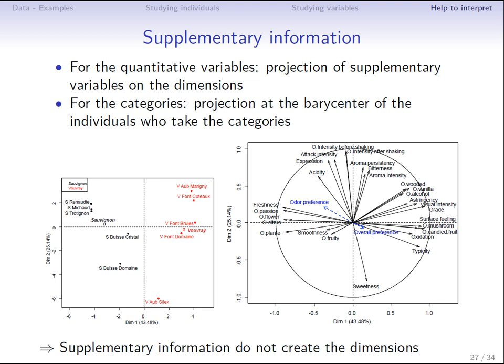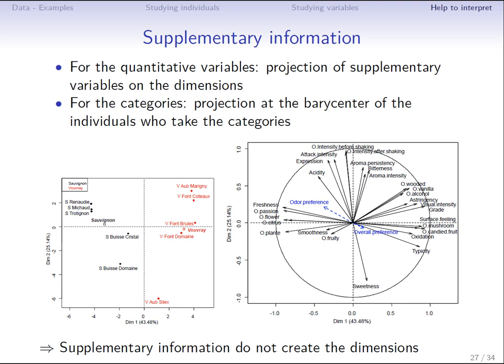The supplementary elements make it possible to illustrate the principal components, which is why they are referred to as illustrative elements. Contrary to the active elements, which must be homogeneous, we can make use of as many illustrative elements as possible. There can be quantitative variables, qualitative variables, or individuals as supplementary elements.